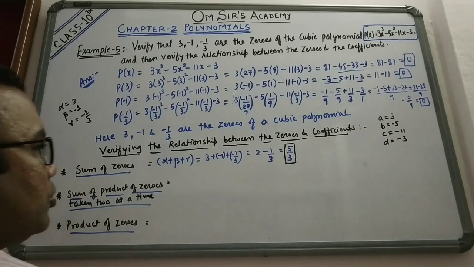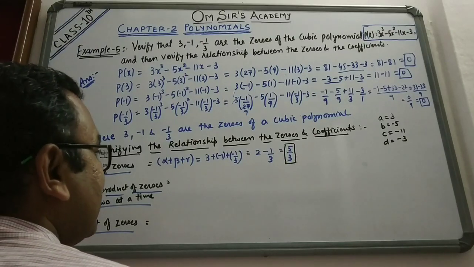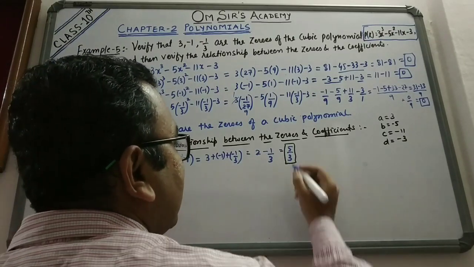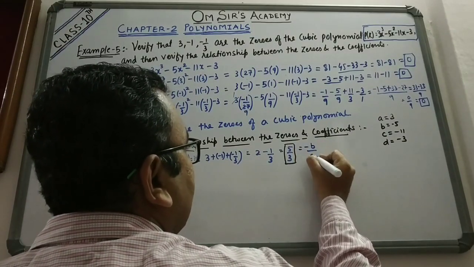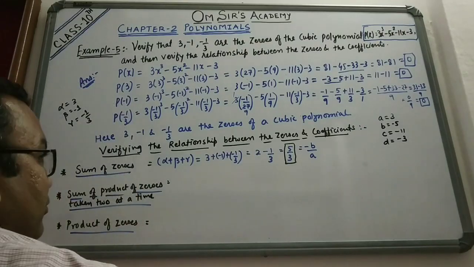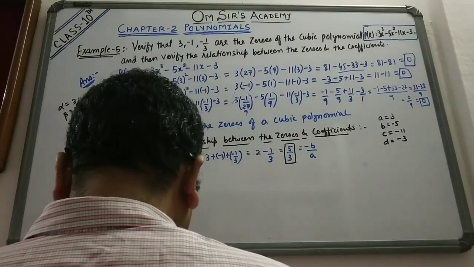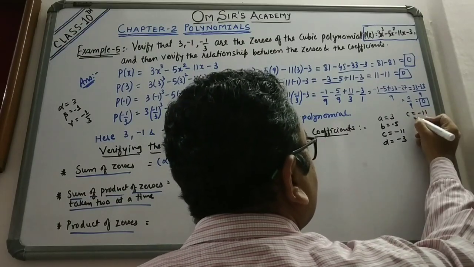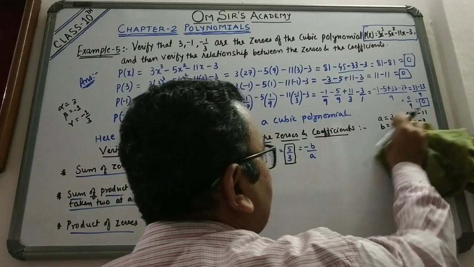Okay, friends? So now that should be equal to what? What is the relationship between the zeros and coefficients in case of sum of zeros? That is equal to minus b upon a. Okay, so what is your minus b upon a? For just a moment I am putting this C and D by this side, that is C is minus 11 and D I am putting here as minus 3, and I am rubbing this.